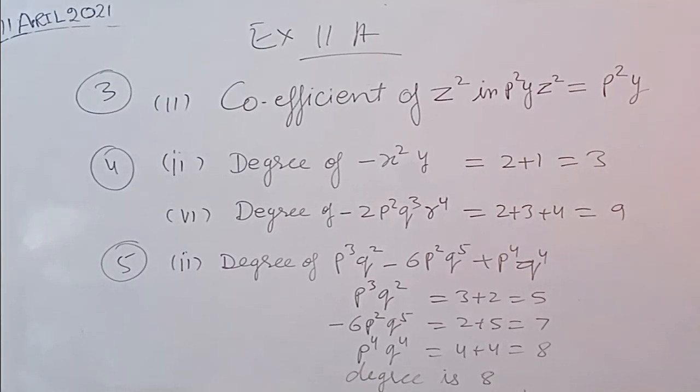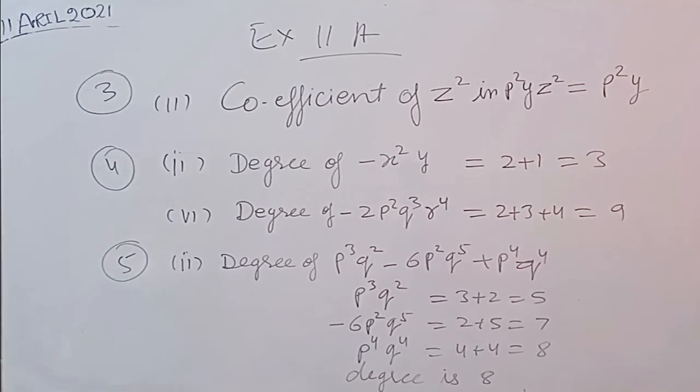Now I'm taking question number 5, in which we have to find the degree of the trinomial, that is given p cube q square minus 6p square q to the power 5 plus p to the power 4 q to the power 4. First we will find the degree of each term; whichever has the maximum degree will be the degree of the whole expression.